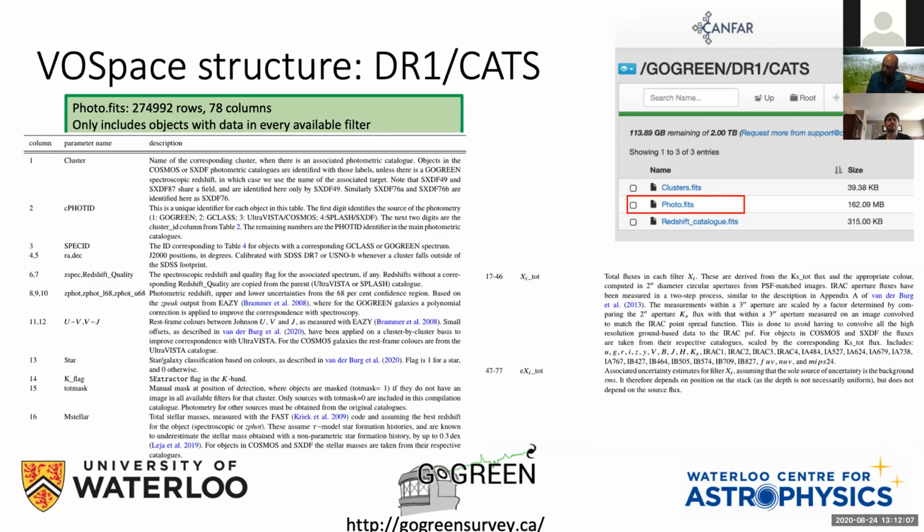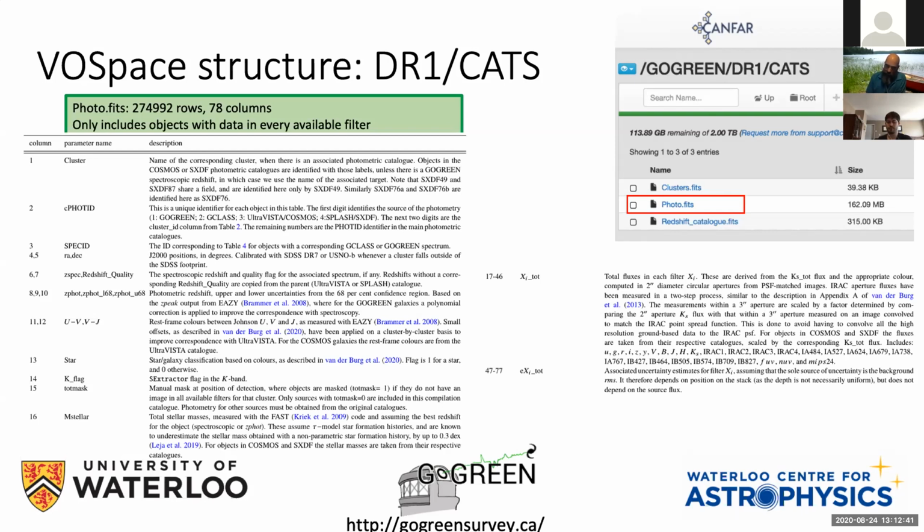We've also provided a file called photo.fits, which is a conservative selection of a K-selected catalog for all our systems. The groups that Andrew was just talking about are selected from the COSMOS and SXDF fields, which have public photometric catalogs out there. And those are what we use. And in fact, the entirety of those, the rows from those catalogs, are included in this photo.fits file as well.